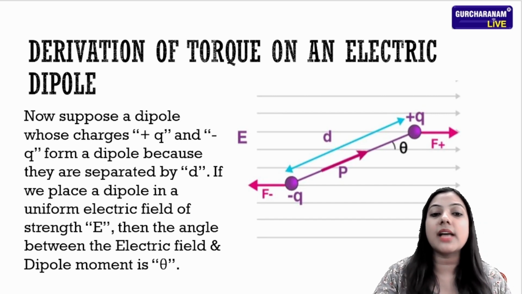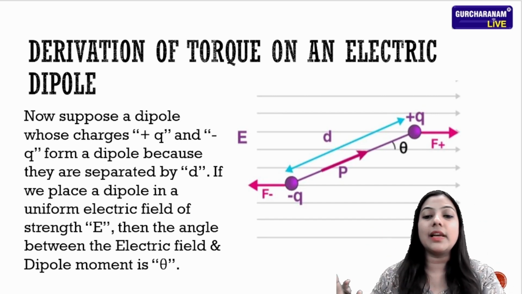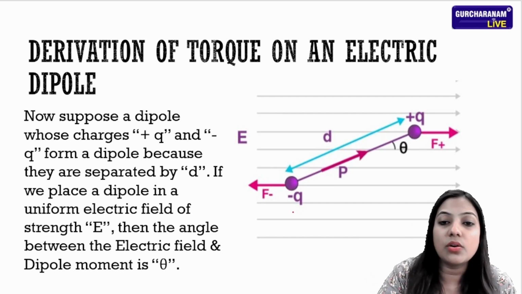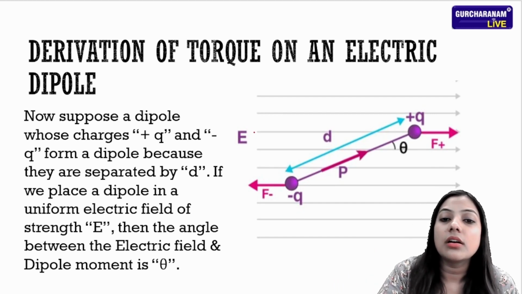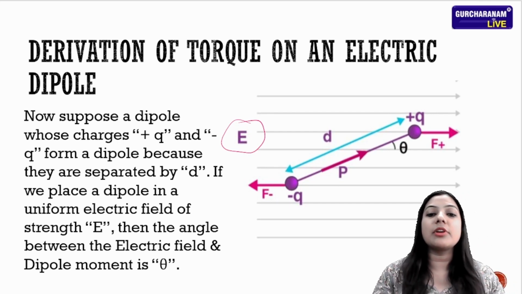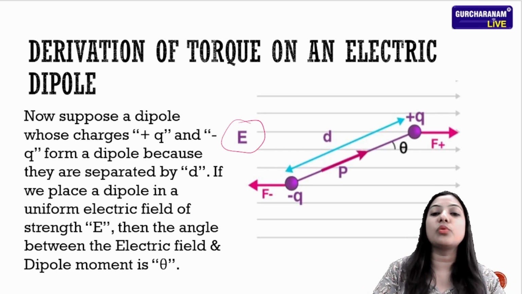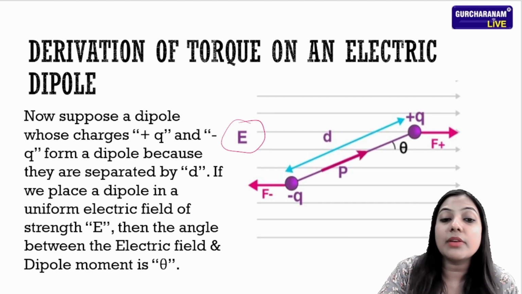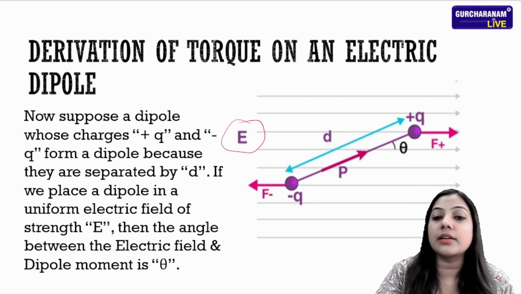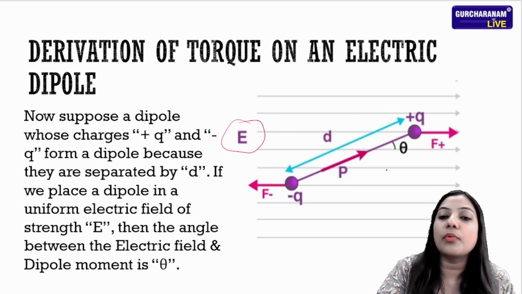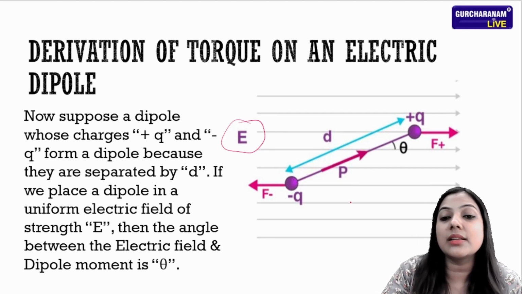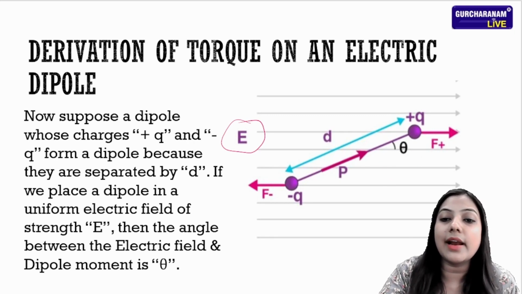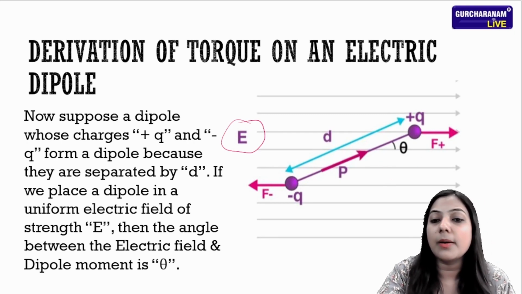If we place the dipole in a uniform electric field of strength E, then the angle between the electric field and the dipole moment is theta. This is the dipole placed in the electric field, and the angle between the electric field and the dipole moment is theta.